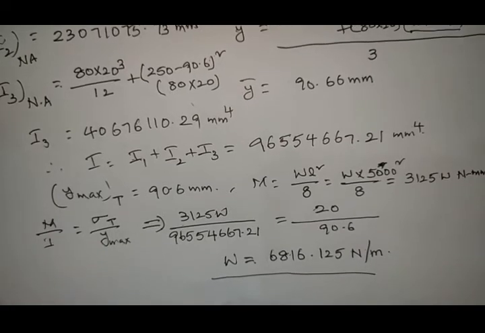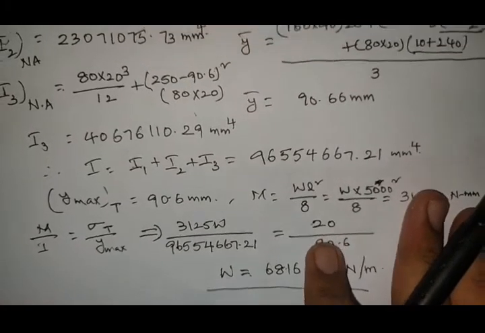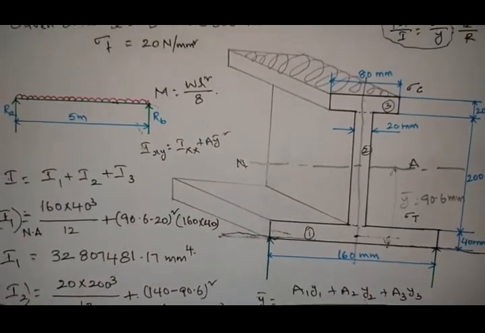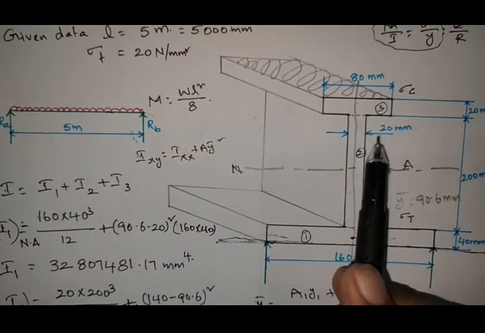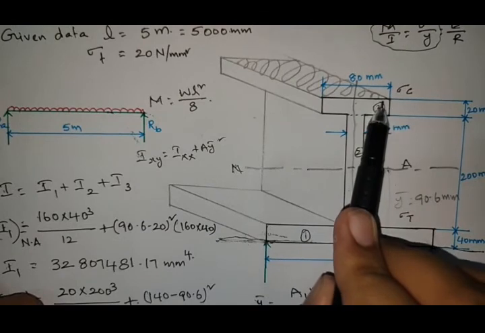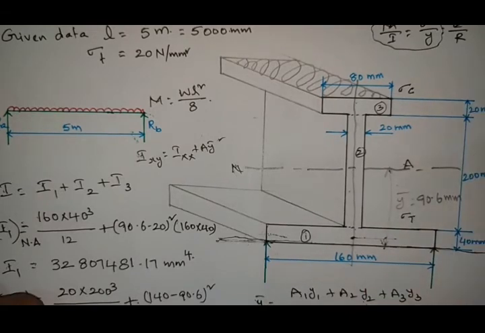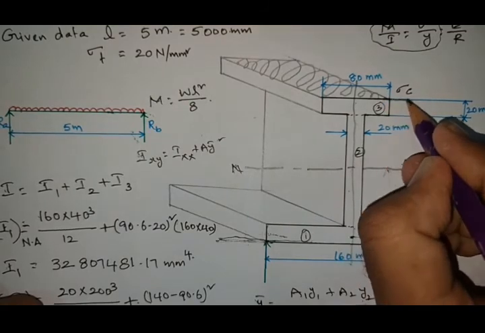Next, he asked to calculate the maximum compressive stress also. If you see this expression, on the topmost upper layer compressive stress will act, and on the bottommost layer tensile stress will act. So now what is the distance? I require the distance from the neutral axis to the topmost layer.